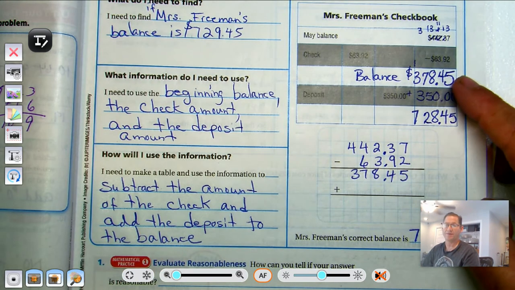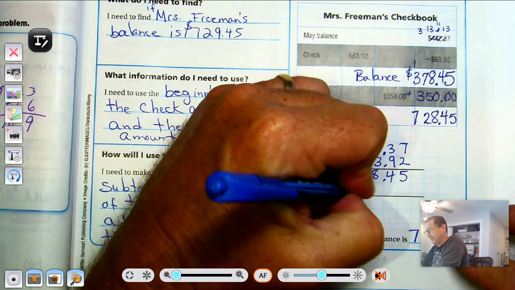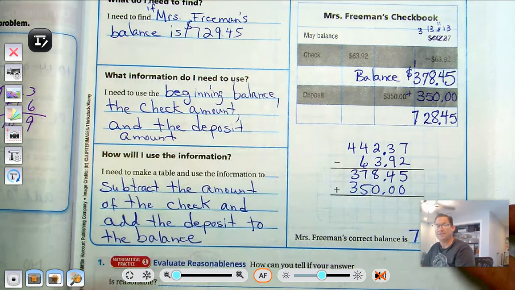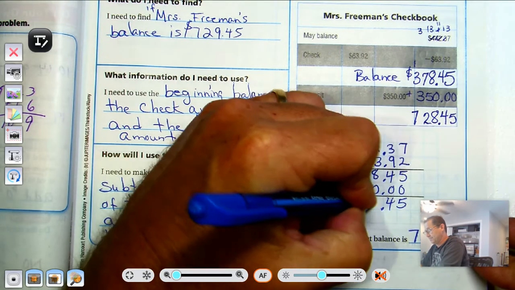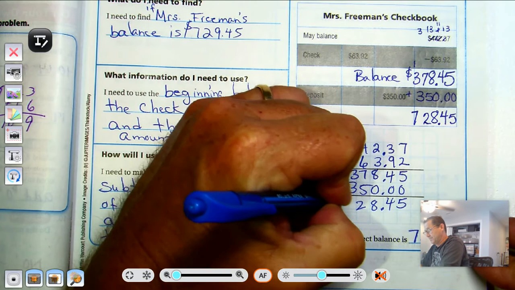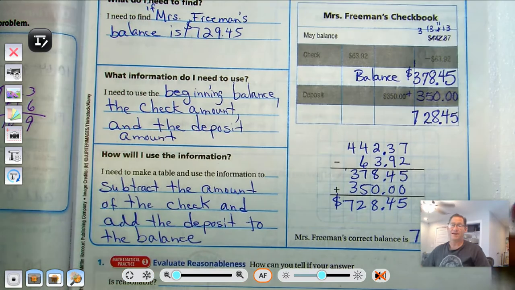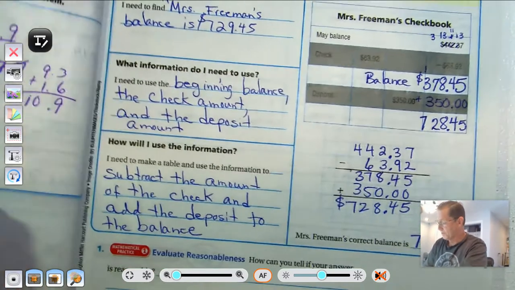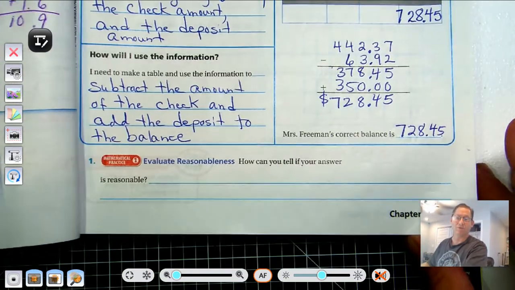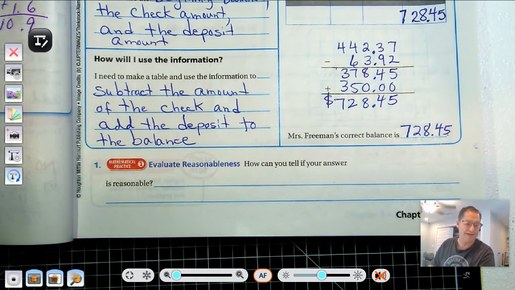I'm just taking it from here because we already did that work there. And then I would have added $350, and that gave us $728.45. Okay, so how can you tell if your answer is reasonable? Well, we could probably estimate, right?